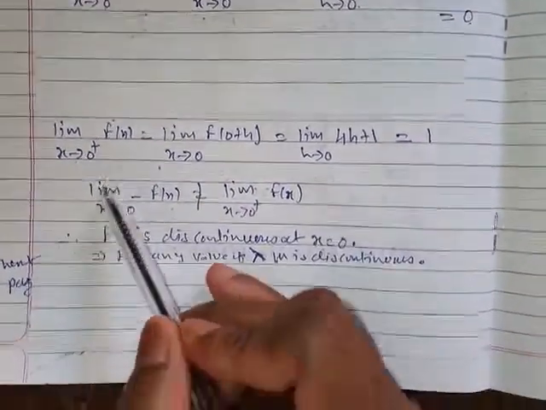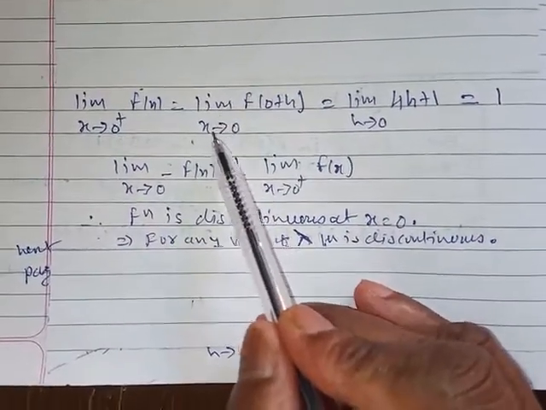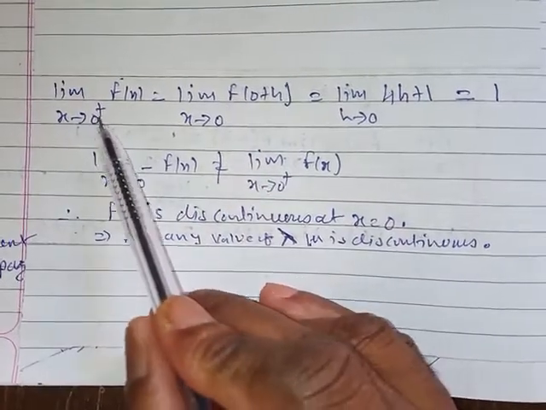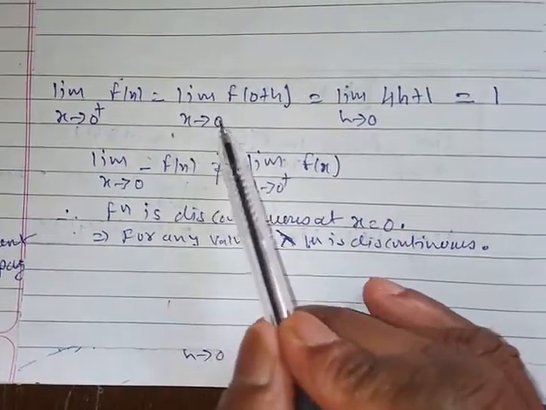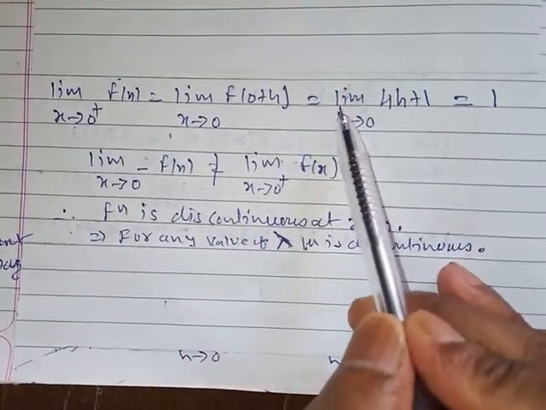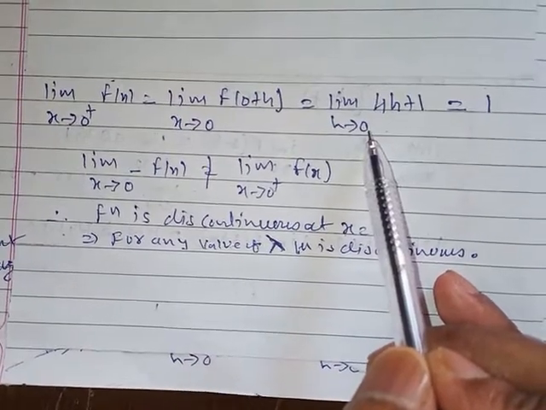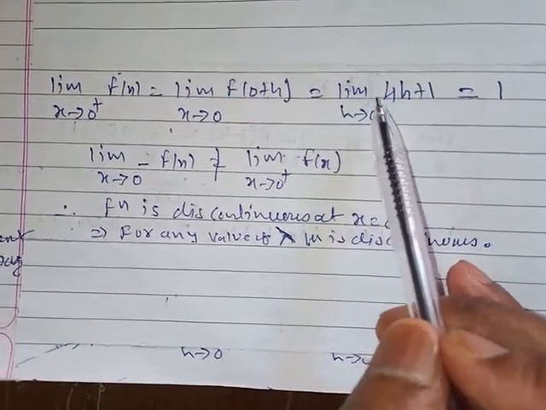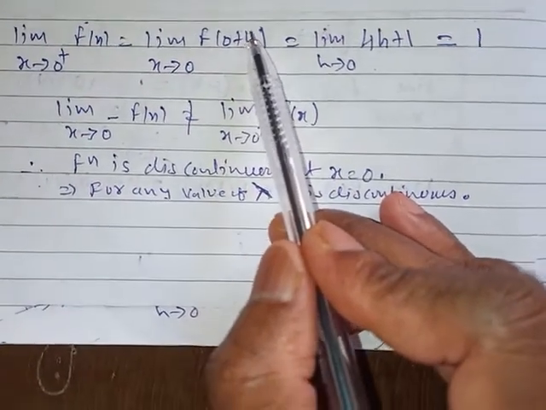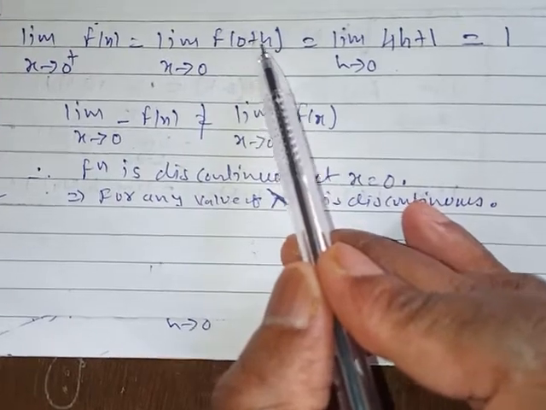Limit x tends to 0 plus f(x) is equal to limit h tends to 0 of f(0 plus h). So where is the function defined at the right hand side of 0? It is 4x plus 1. In place of x, we have to write 0 plus h, which is h.